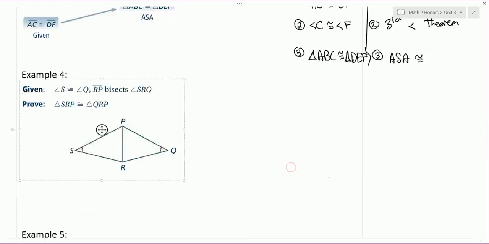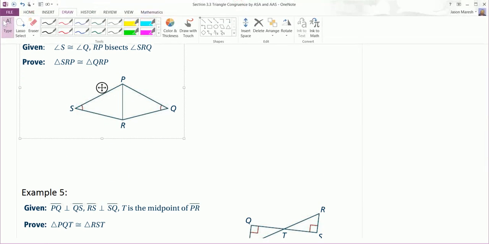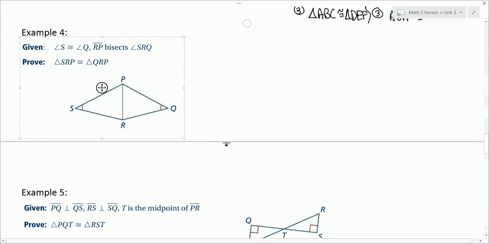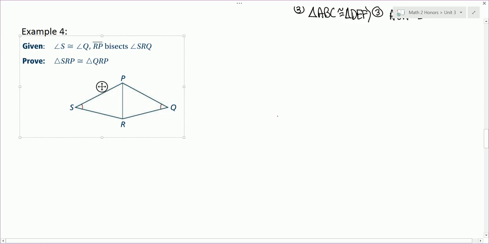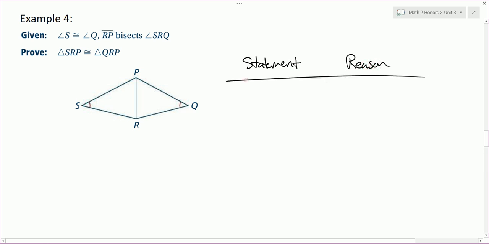Okay, example 4. We're making another proof here. A statement on the left side, reason on the right. State your givens.